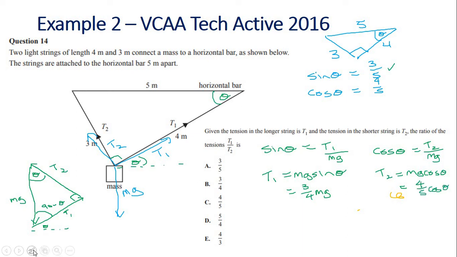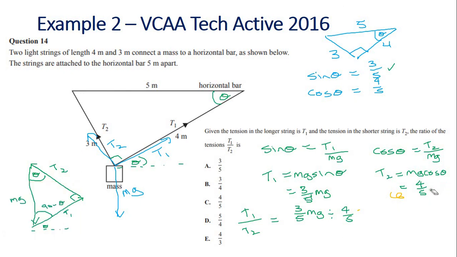I've just realised I've written this other one incorrectly. Sine of theta is actually 3 over 5. Okay, so that's going to be 3 over 5. I want to find T1 divided by T2. So I've got 3 over 5 mg divided by 4 over 5 mg. I've written a lot of things incorrectly here, sorry.